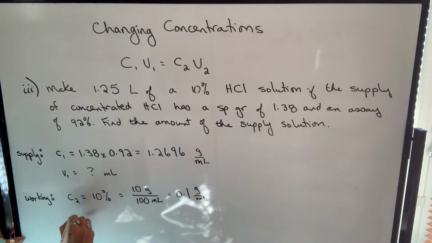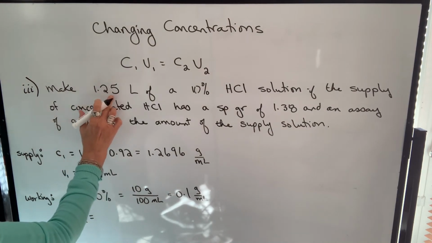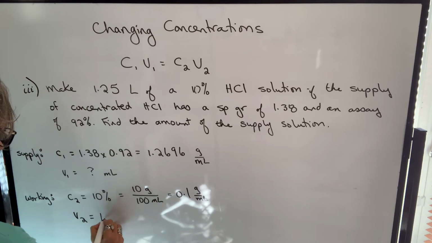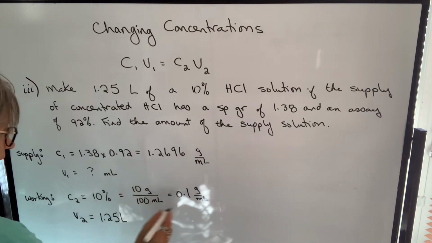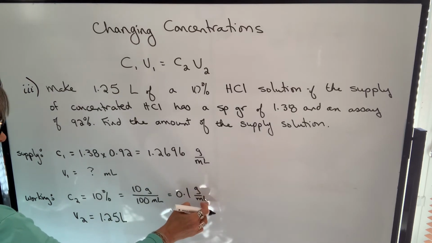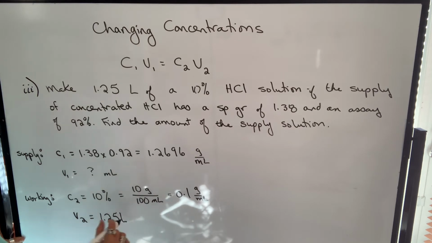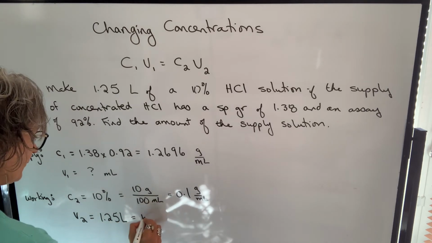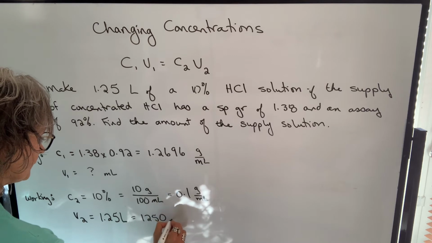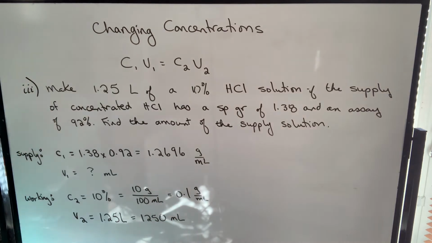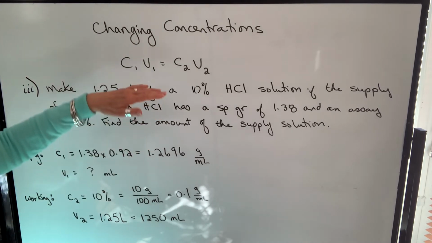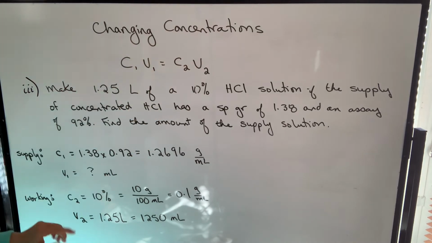The volume of the working solution is, I want to make 1.25 liters. If my concentration is in grams per milliliter, I want my volume to be in milliliters, so we're going to multiply by 1,000. So 1,250 milliliters. Now I can put these values in this formula.